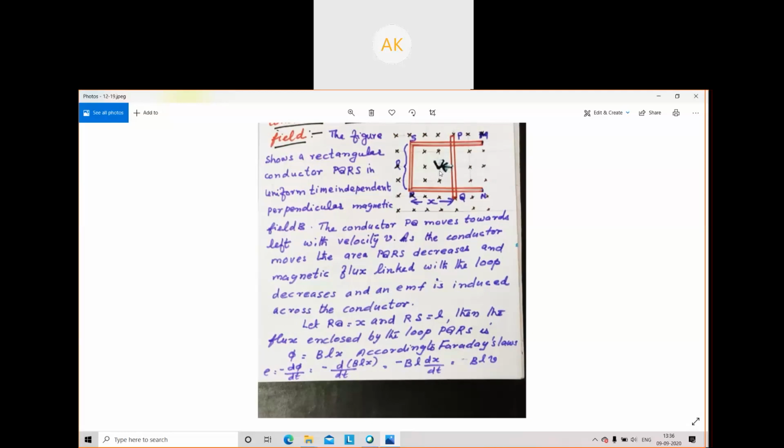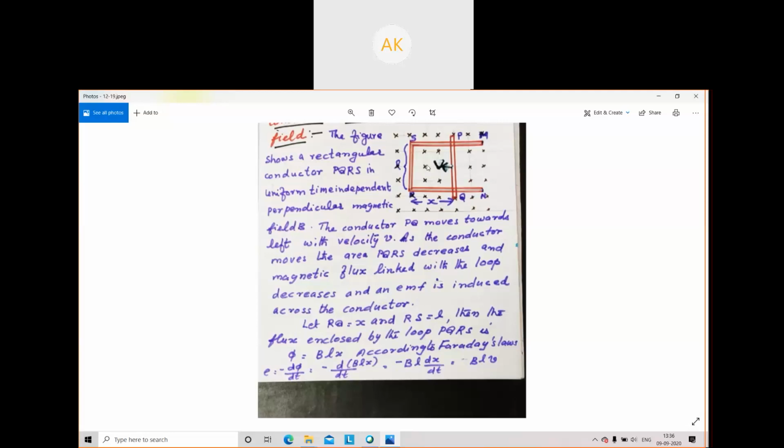What is theta here? Theta is the angle between B and A, where A is the area vector. Area vector means the normal drawn to the area. The magnetic field is perpendicular to the plane inwards and the area vector is also normal to the plane.